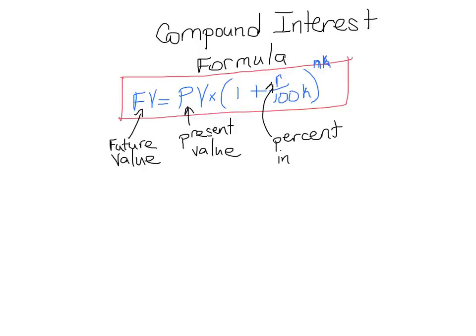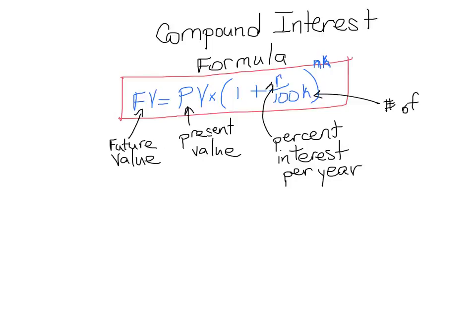Not to be confused with common ratio in geometric sequences, which we just did. So in this case, R is the percent interest per year. K is the number of compounding time periods per year, and I will explain what that means.